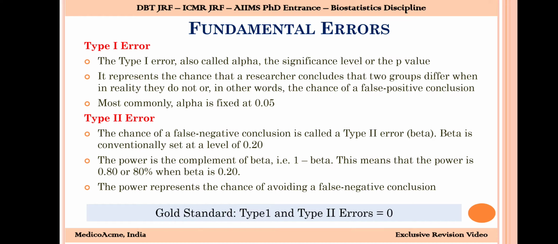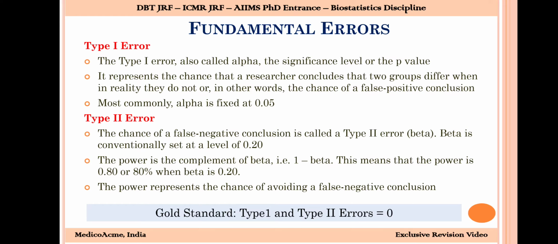It is also called alpha, as I said in the previous class, the significance level, or p-value basically. You have all heard about the p-value. It is set at 0.05, which means 5%, 5 proportion of 100. This is very important, guys.